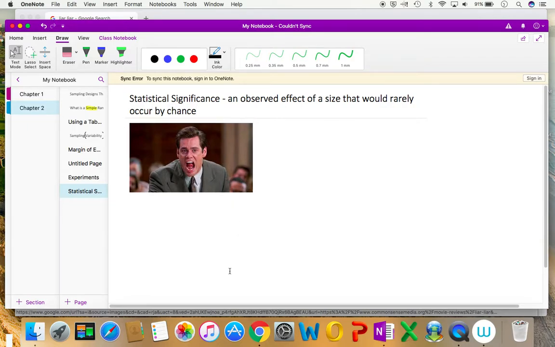So again, enter Jim Carrey here in one of my favorite movies, Liar Liar. I always think of statistical significance as a way to call out a liar, or to detect when people aren't really telling the truth.